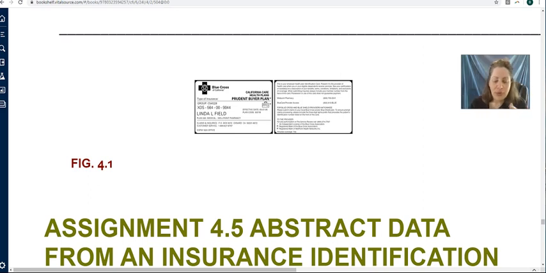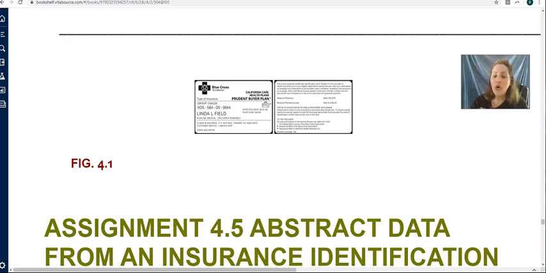But if I got a Blue Cross of Michigan, Blue Cross of Florida, Blue Cross of Georgia, they're all going to look different from each other. Okay. Medicare is going to look one way. Medicaid is going to be different from state to state. And even here in Michigan, I have a number of different ways Medicaid cards can look, and you probably do in your state too.